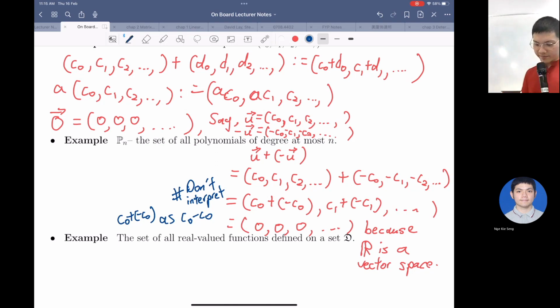So in this case, 1 and minus 1. What is minus 1? Minus 1 is the thing that you add to 1, you get 0. This is fine. So what is 2 and minus 2?